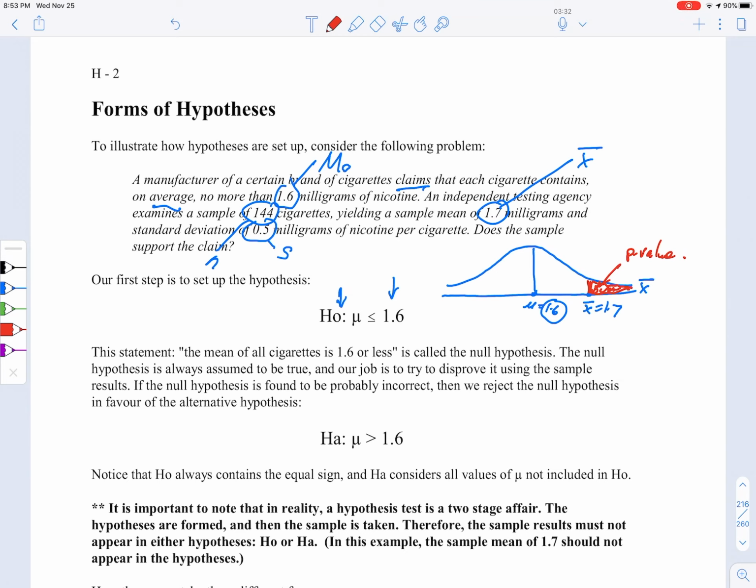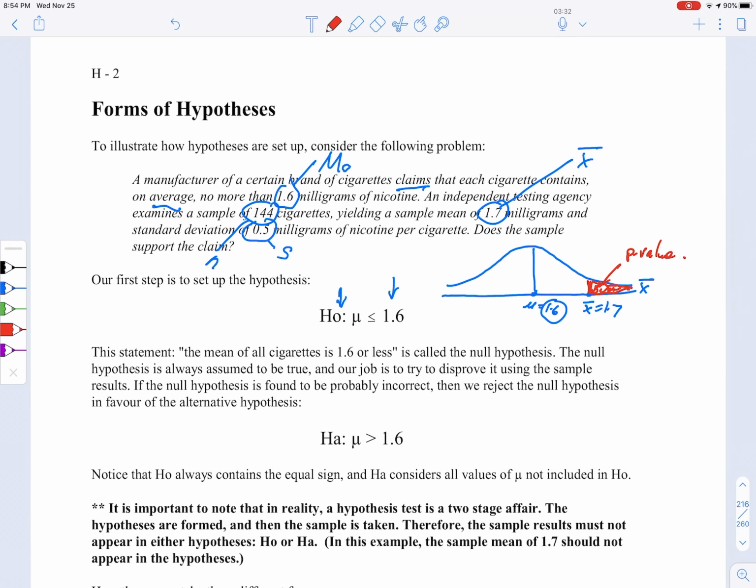That's our level of significance, alpha, which you were introduced to before in Unit E. If, however, the p-value is much larger, which would happen if the 1.7 is fairly close to 1.6, then we would say there's not enough evidence to reject the hypothesis. So that's where we're going.